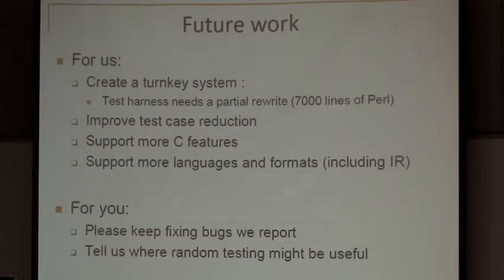We definitely need to support more C features, as we have a long list of unsupported features. We probably will also extend our random testing to other languages. C++ is an obvious target. We could also use random testing on other formats, including the intermediate representation of compilers.